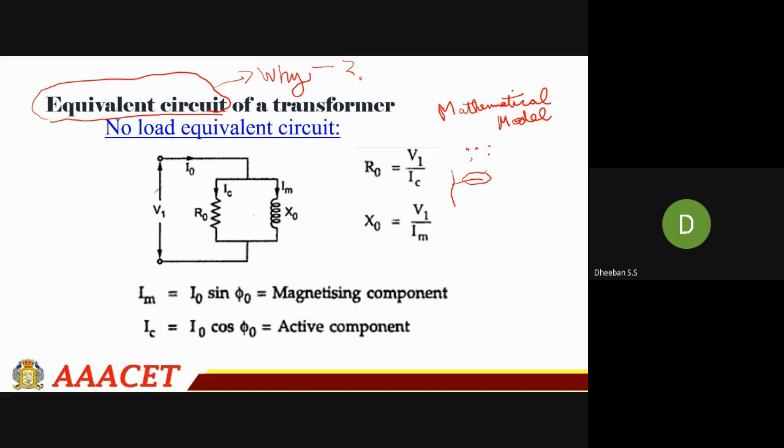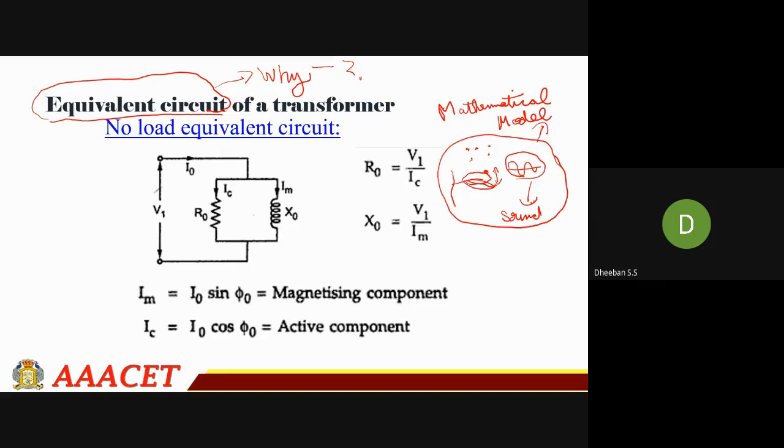The raindrops fall over this leaf, and the leaf normally gets displaced up to this position. While this vibration occurs, there will be a sinusoidal waveform, and due to the sinusoidal waveform only, you will be hearing sound. So this is an example of a mathematical model that is taking place in nature.